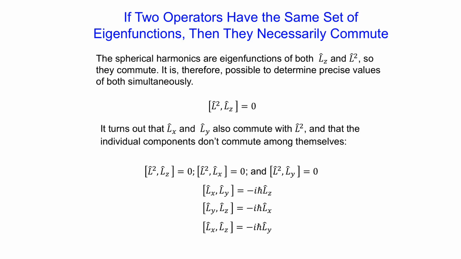By convention, we tend to work, like I said, with the Lz operator. So this is the relationship that we're going to tend to focus on for our quantum mechanical applications. We could just as correctly focus on these relationships.